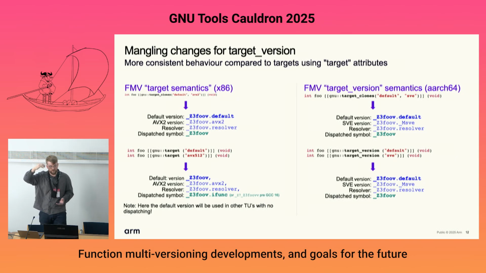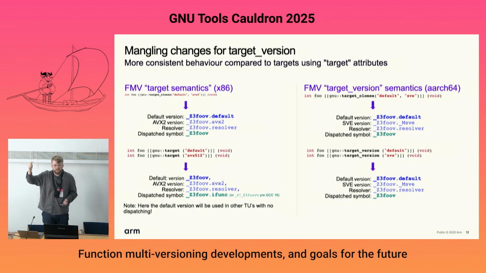So if you call into that function, you're just calling the dispatch symbol. But if you define something with two target attributes, the default version keeps the function name, you get the resolver mangled as you would think, you get the AVX2 version mangled as you would think, and then the dispatch symbol gets some other name.